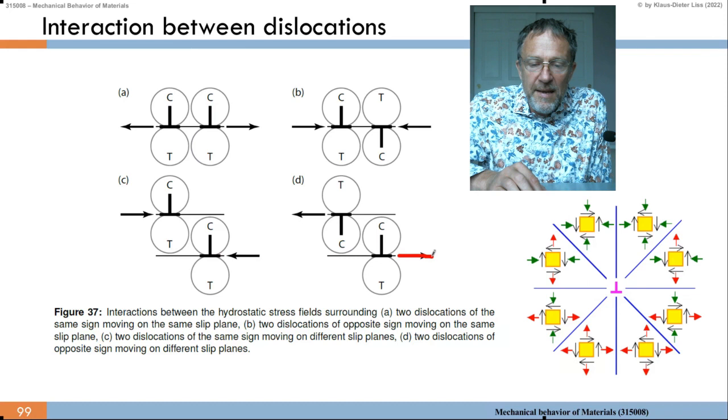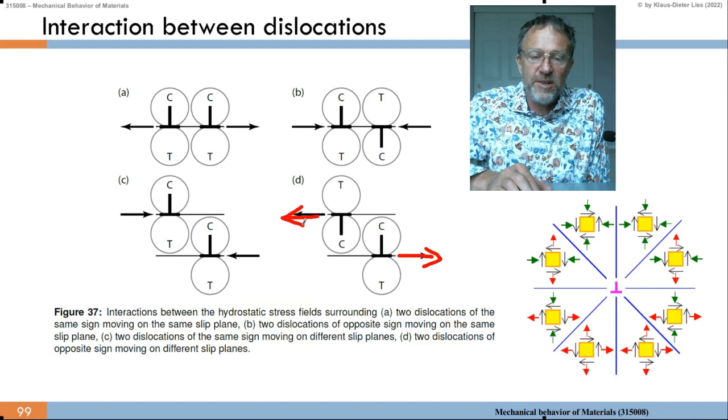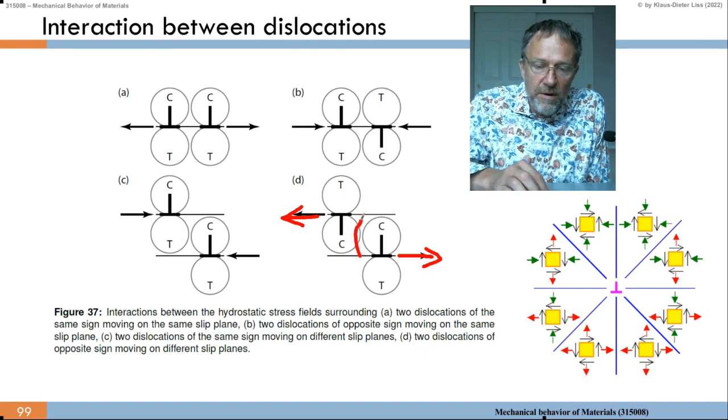So in that case, I want to separate these compressive stress fields to minimize the energy, and that pushes them away from each other. Again, I can only move on this habit plane. I cannot climb. I don't allow the dislocation to go from here to there.